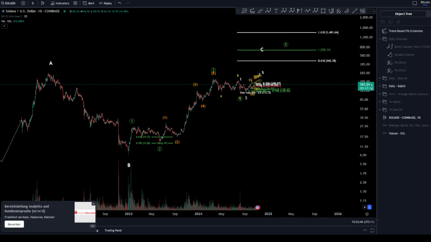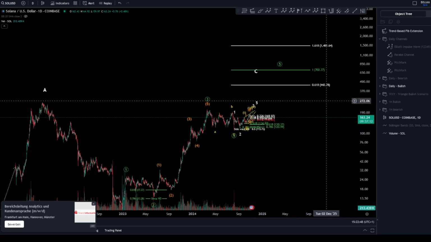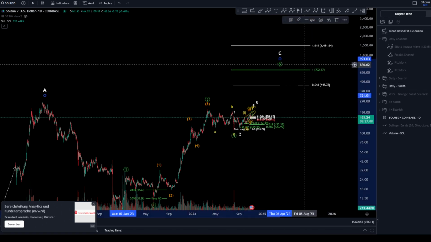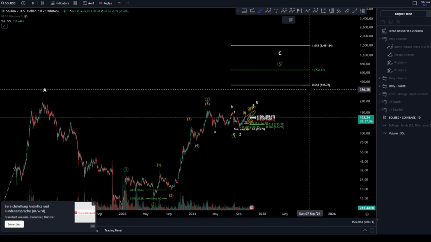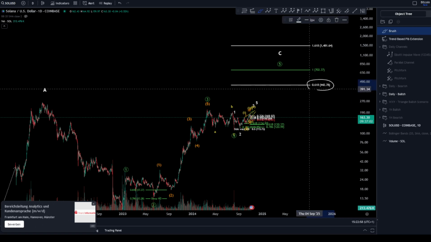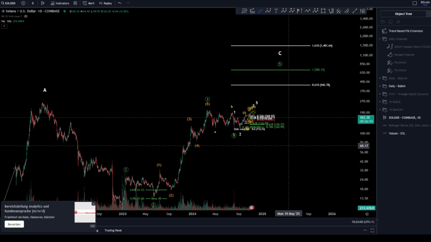And then we want to see definitely higher prices at 700, it says. A more common target, I would say, is $442 for Solana.